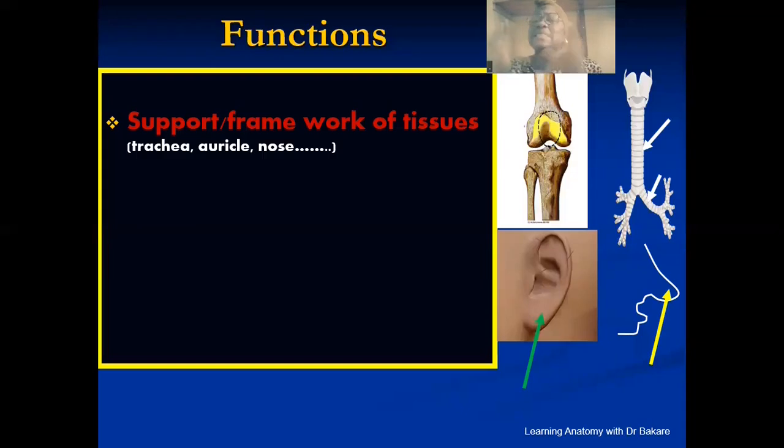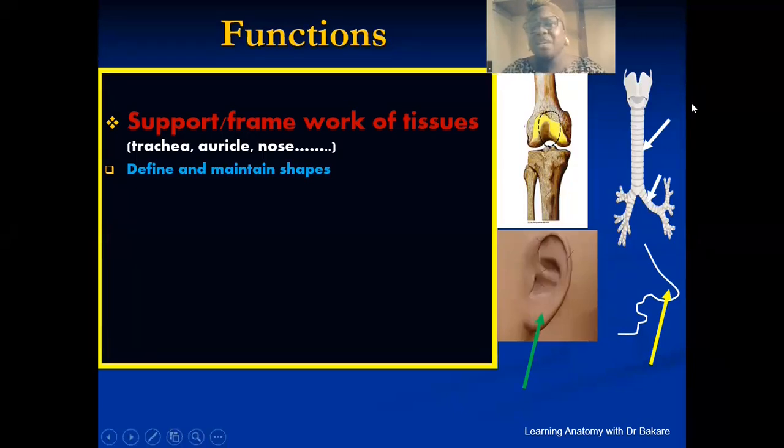So you see that the cartilage are seen as specific regions of the body where they are seen to build or form the structural alignment of some tissues or organs in the body. And at this point where they do this, you see that they're helping to define and also maintain the shapes of these organs.